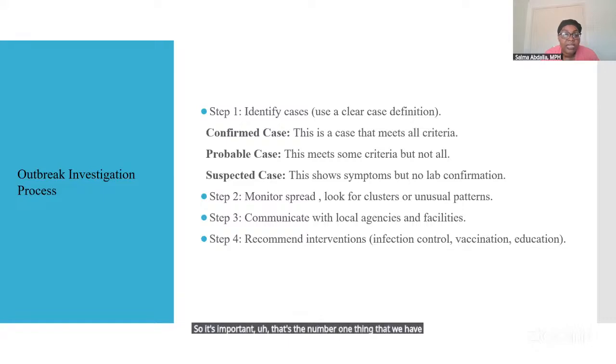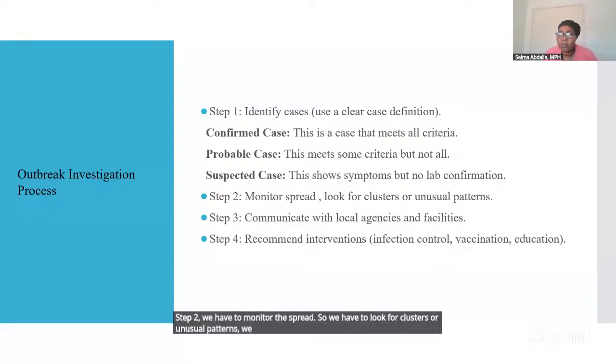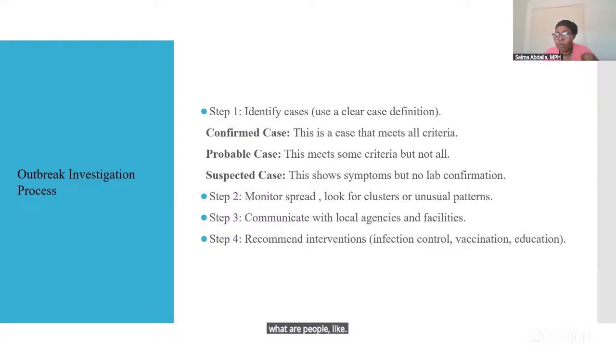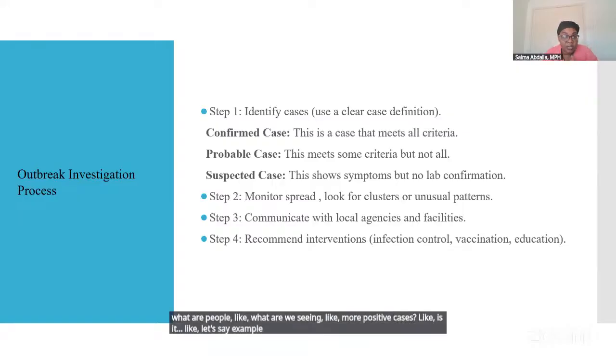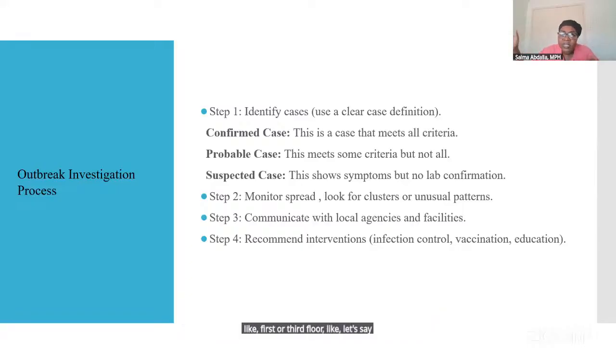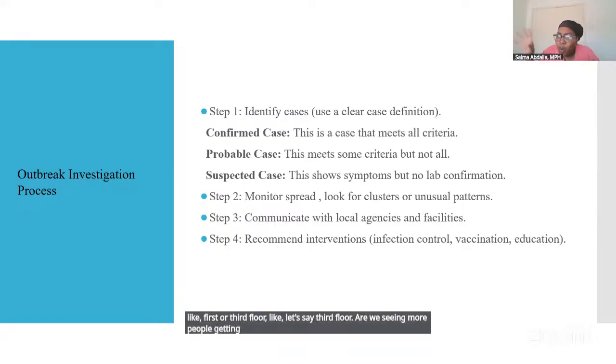Step one. Step two, we have to monitor the spread. So we have to look for clusters or unusual patterns. We have to see what we're seeing, like more positive cases. For example, in a long-term care facility, because they have different wings, like first or third floor, are we seeing more people testing positive on the third floor?